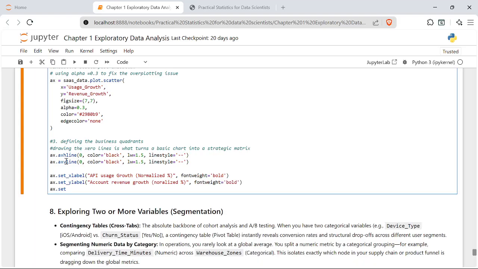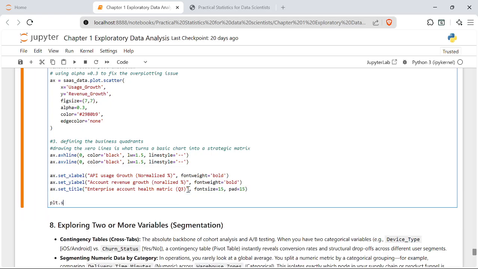ax.set_title as enterprise account health metrics Q3, fontsize equals 14, pad equals 15. plt.show.